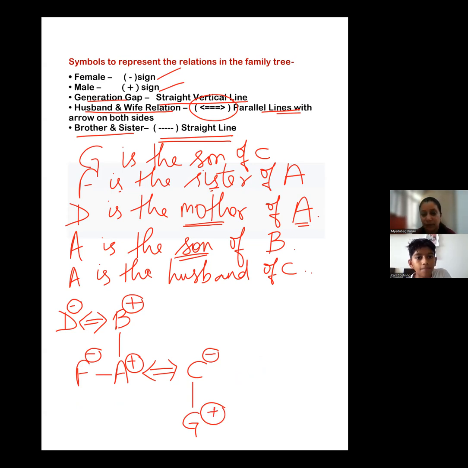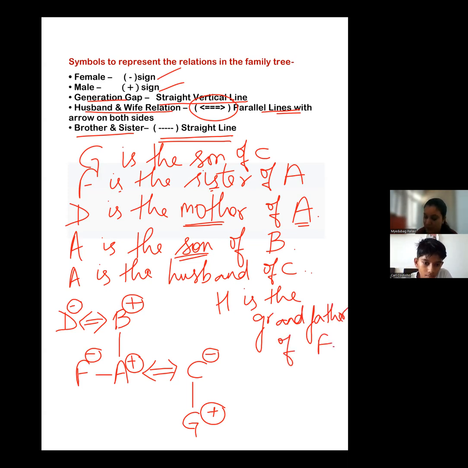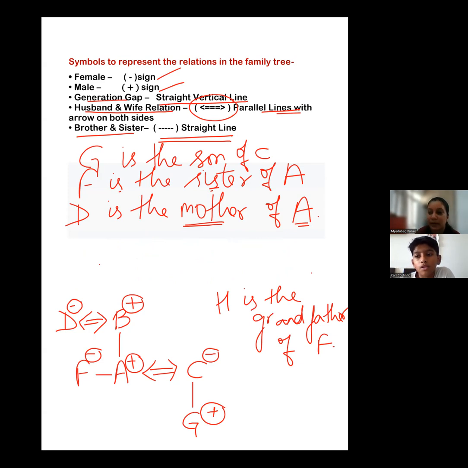Similarly, if I write H is the grandfather of F, where will the grandfather of F be? The grandfather will be two generations above F.